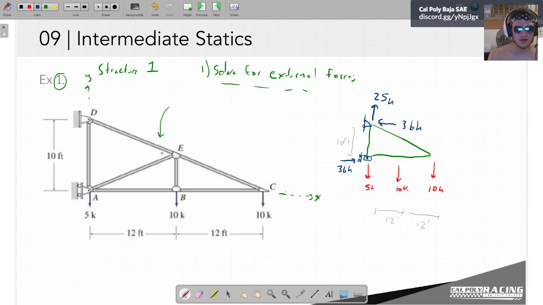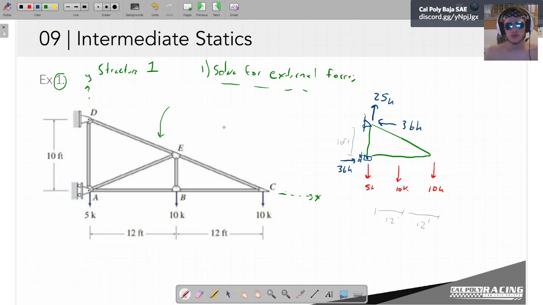But let's start. Where do you guys think would be a good joint to start at? If I want to figure out the forces in all of the members for this structure, I want to do it in the least number of steps possible. I don't want to do extra work for myself.